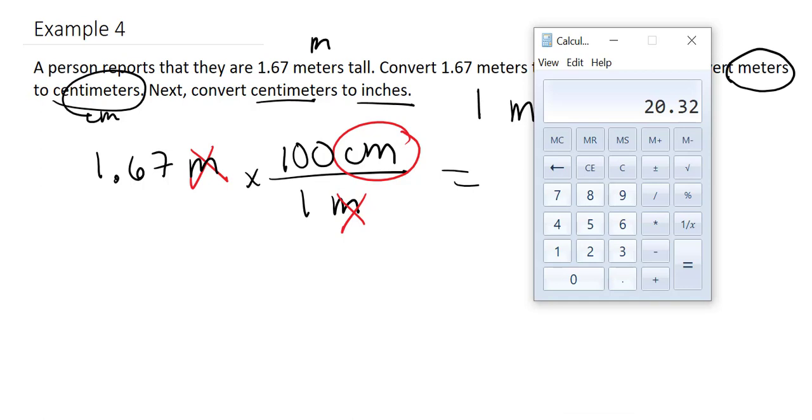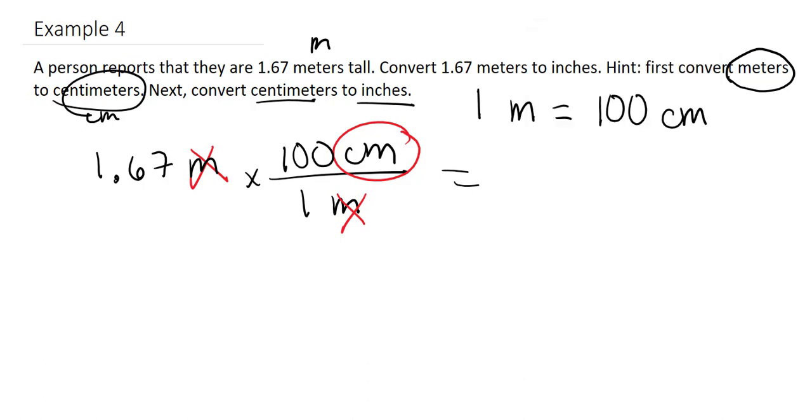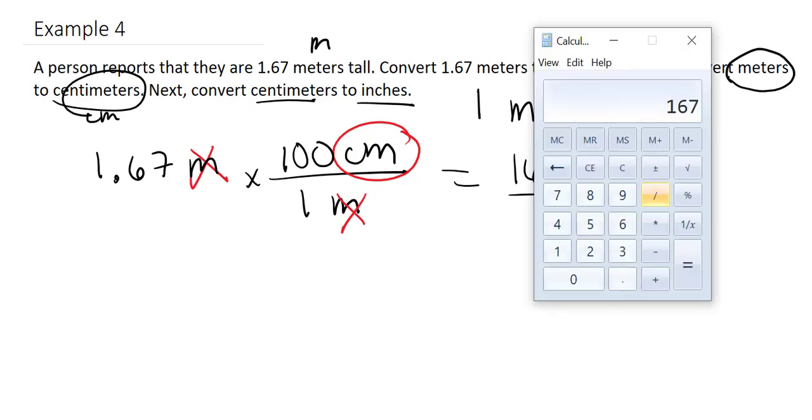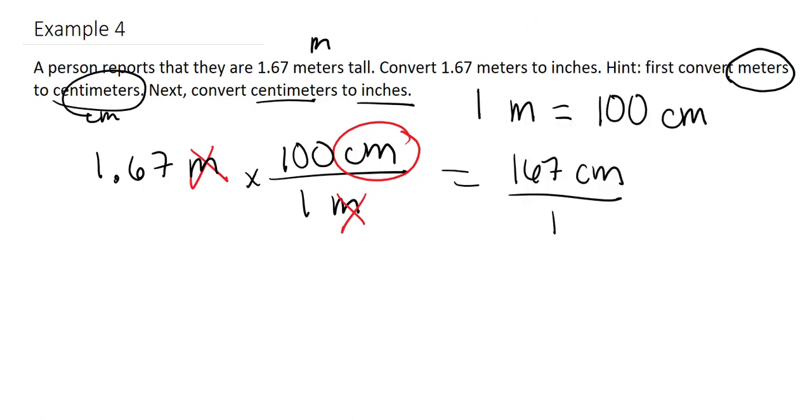So we get our calculators out. 1.67 times 100, and we get 167 centimeters over 1. So we could just go ahead and divide by 1 to continue to show. Anytime we divide by 1, we get the number itself. So 167. So this is step 1, to get it into centimeters.